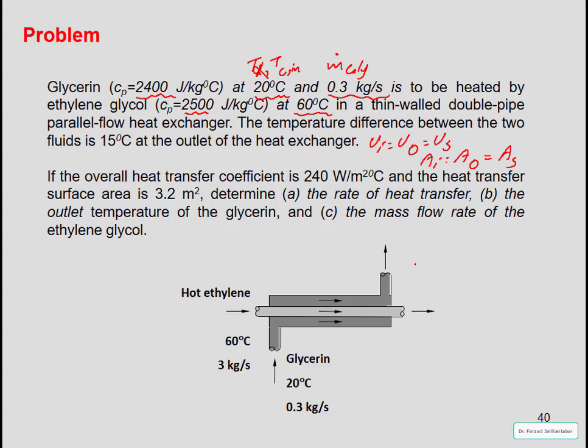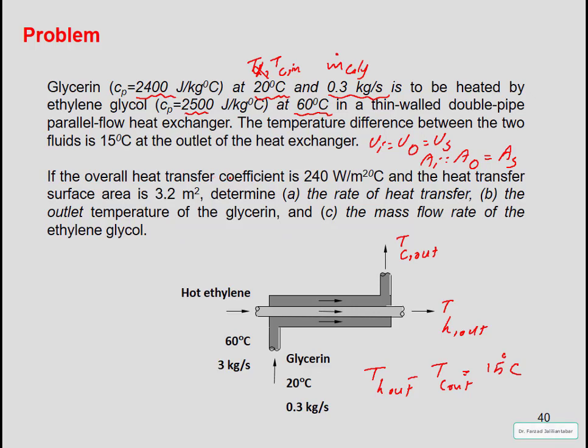So this is the hot fluid, hot ethylene glycol. This is the TH out, TC out. So TH out minus TC out is 50 degrees Celsius. This is the other information which is given in the question.